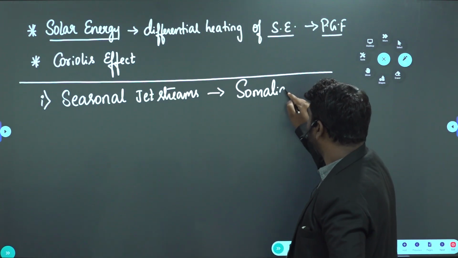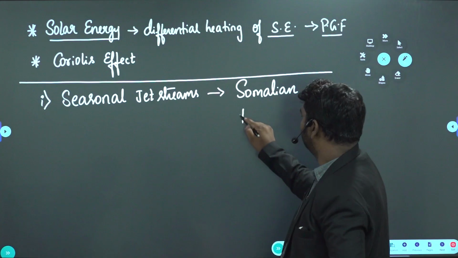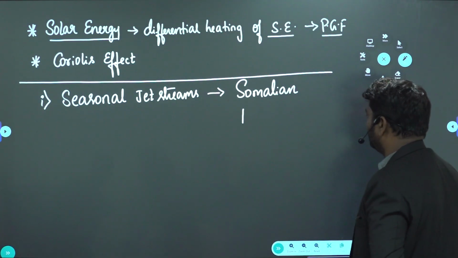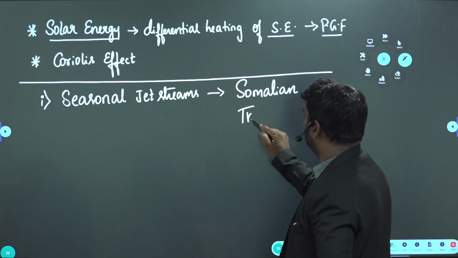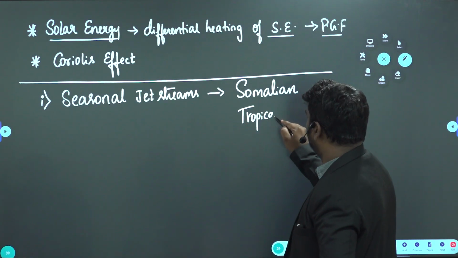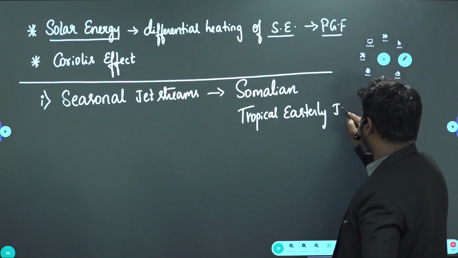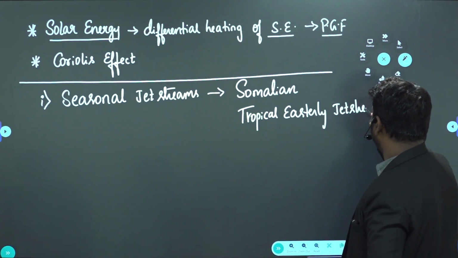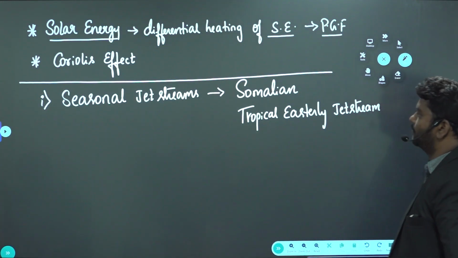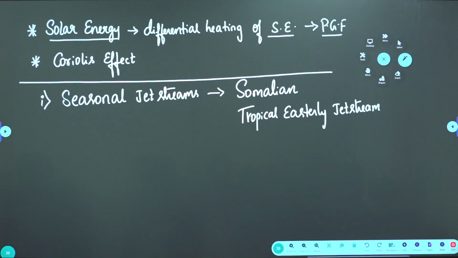There are some names like the Somalian jet stream, the tropical easterly jet stream.